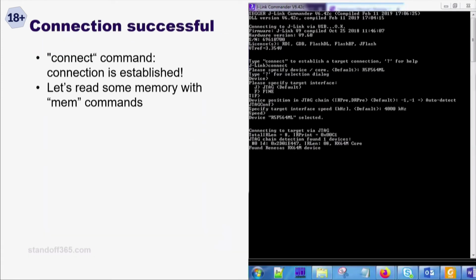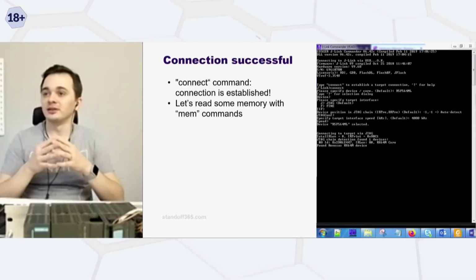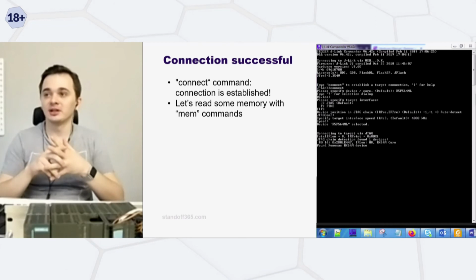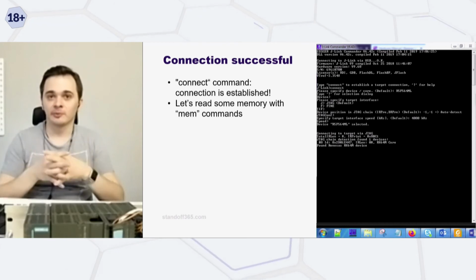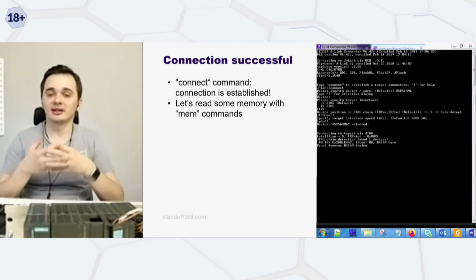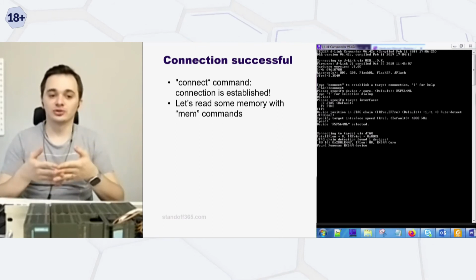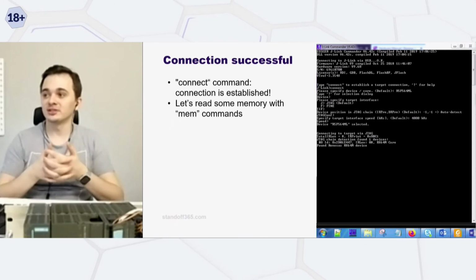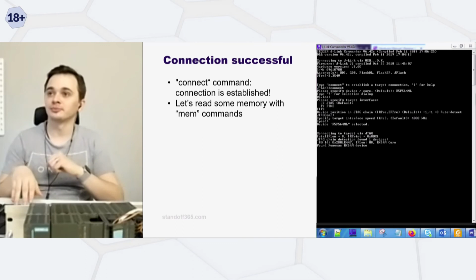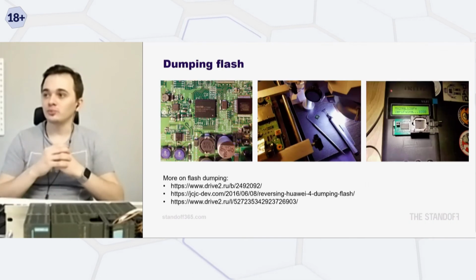Then we connected to JTAG, and in its console we managed to connect to this debugging interface, and then using mem commands we read the memory. And this is everything that you need to know and to do to get access to the firmware.